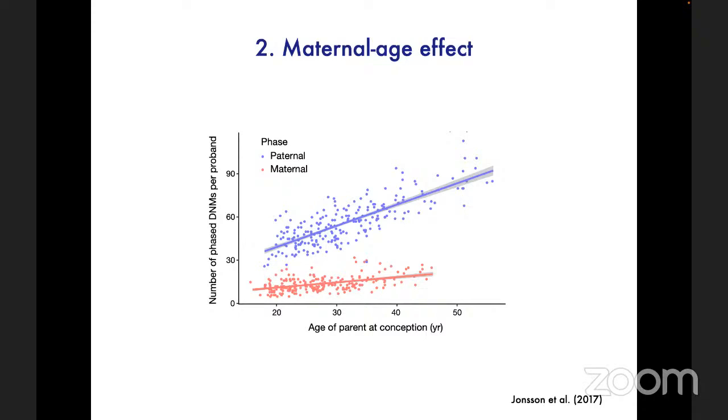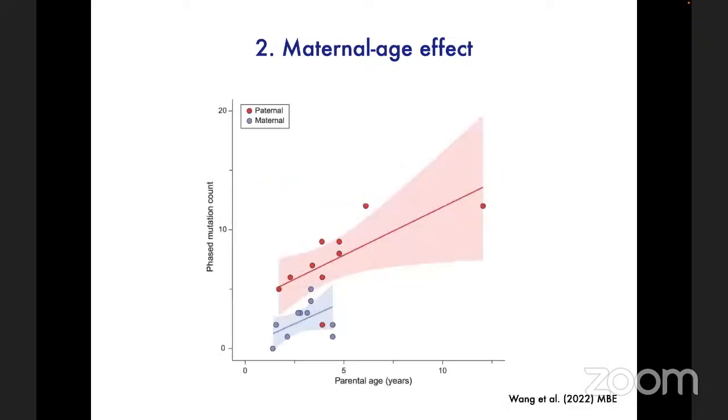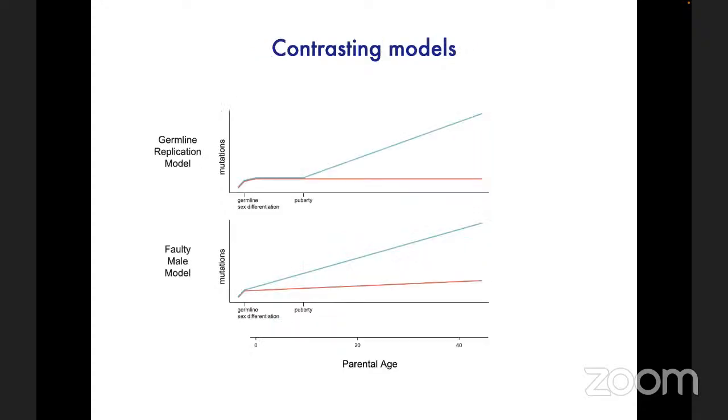But like in essentially all organisms, when we have enough data, we see that female mutation rates are also going up with age, right? So there's humans, there's cats. In everything that we have studied, when you have enough power, you see that female mutation rates go up with age. And again, if everything is dependent on cell division and mitosis, that line is flat.